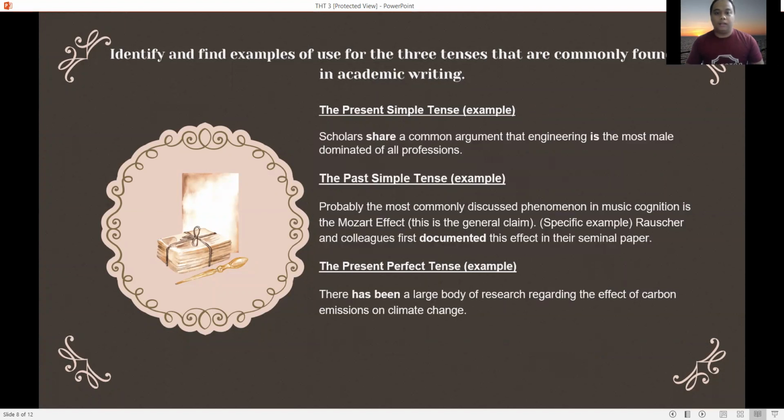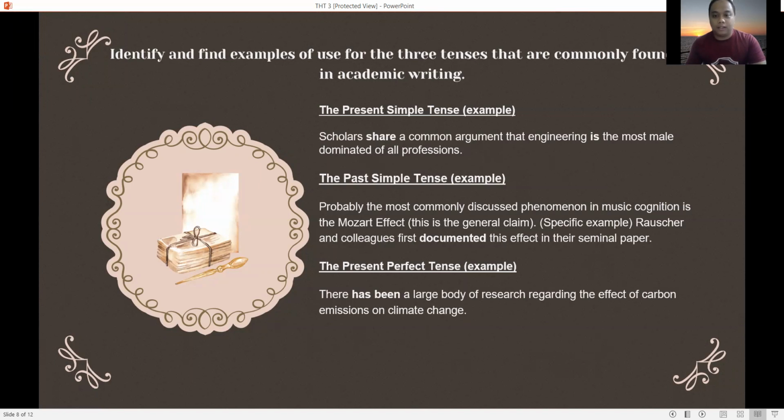So these are the examples of the three tenses. Okay, the present simple tense: scholars share a common argument that engineering is the most male-dominated of all professions. The example of past simple tense: probably the most commonly discussed phenomenon in music cognition is the Mozart effect.